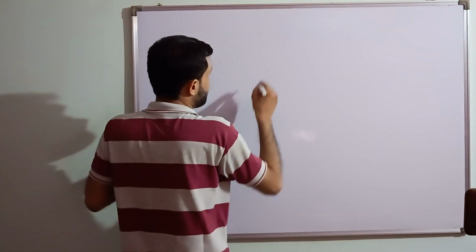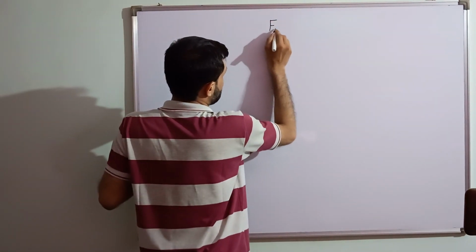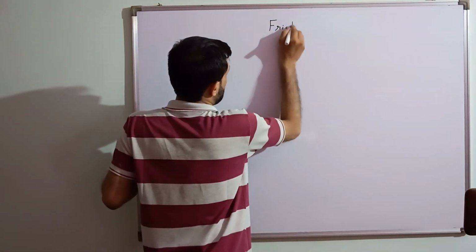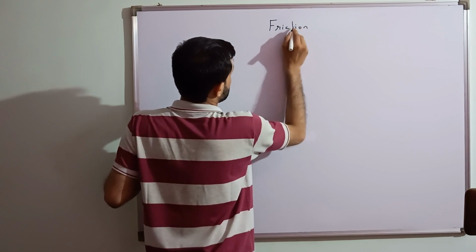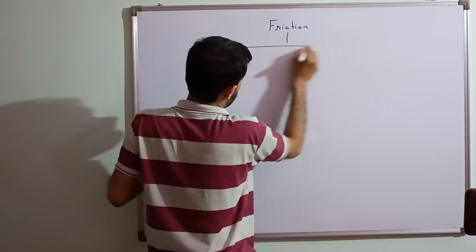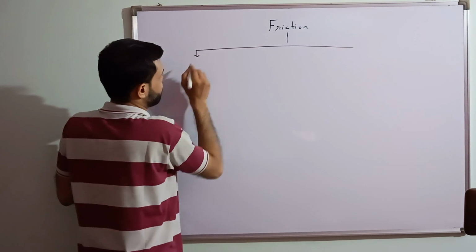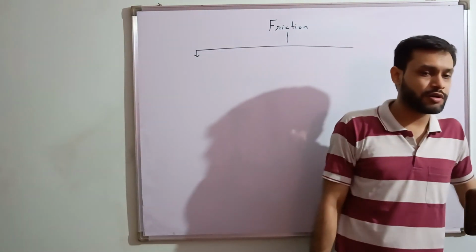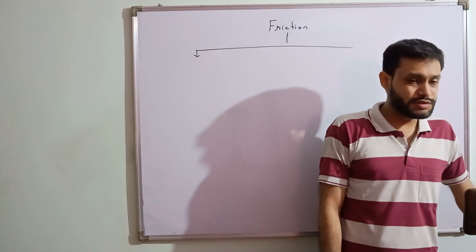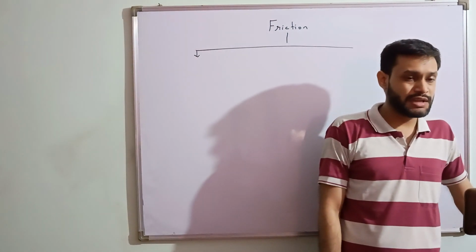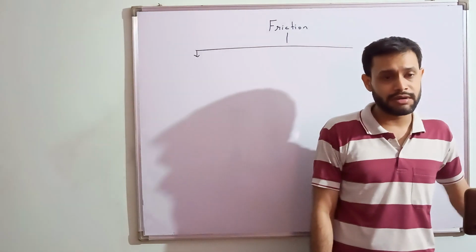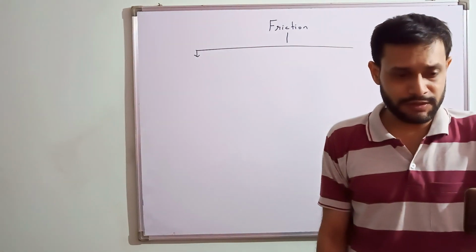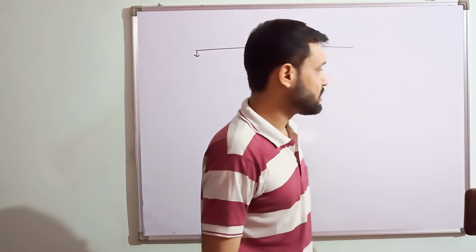Yes, if I talk about friction, how do you define friction? Friction is the contact force which opposes the relative motion between two bodies. Whenever there is a relative motion between two bodies, it will try to oppose it. That is what friction is doing, isn't it?